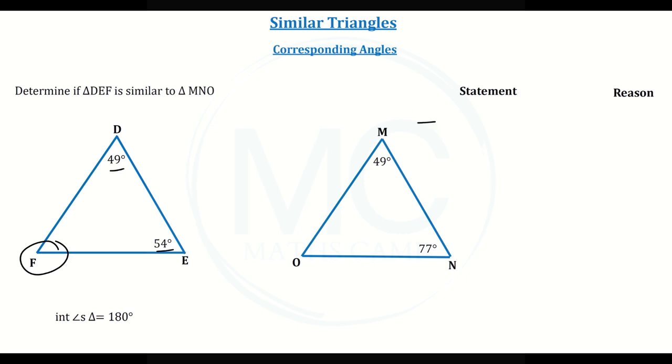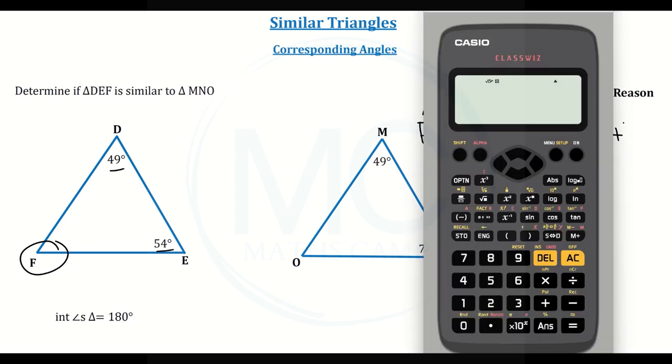So we can say angle F is equal to 180 degrees minus our first angle of 49 degrees minus angle E, which is 54 degrees. Now we can take our calculator and we say 180 minus 49 minus 54 is equal to 77 degrees.